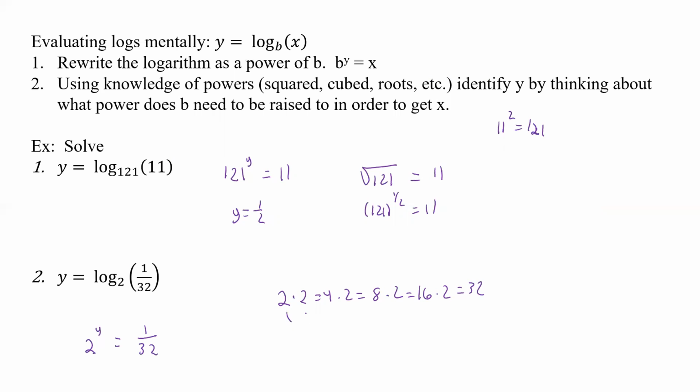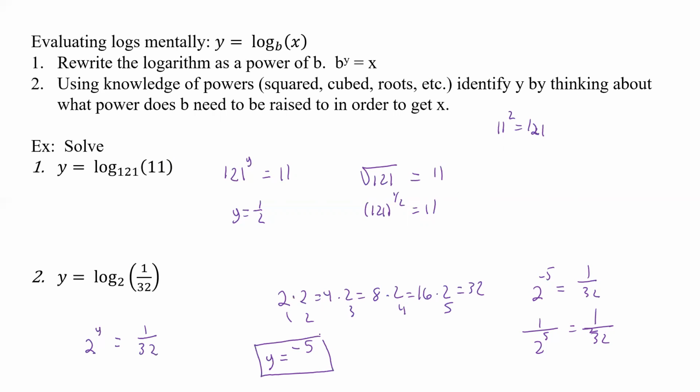So that's 1, 2, 3, 4, 5 2's to get to 32. And we know it has to be negative, so y has to equal negative 5. I was going to say 1/5, but negative 5. Okay, and so if we take 2 to the negative 5, that's supposed to be 1 over 32. Well, 2 to the negative 5 is the same thing as 1 over 2 to the 5th. And 2 to the 5th is 32, and so that does give us a true statement.